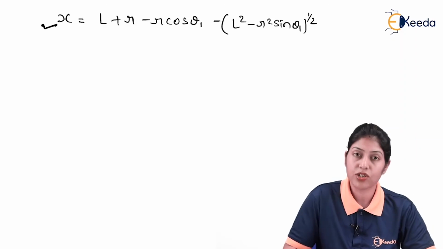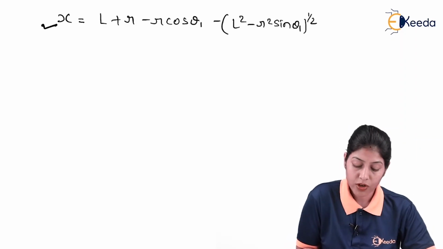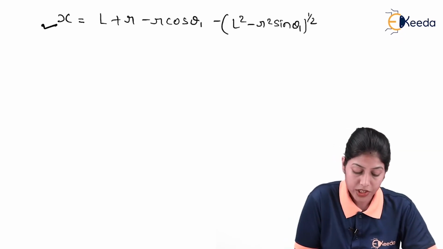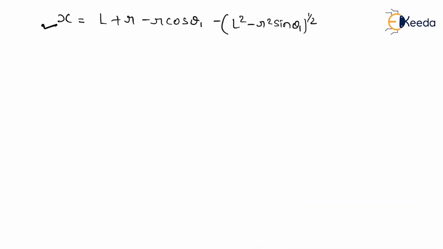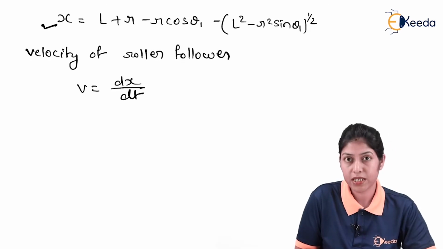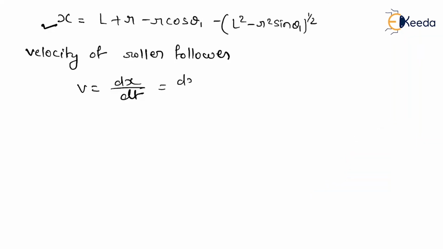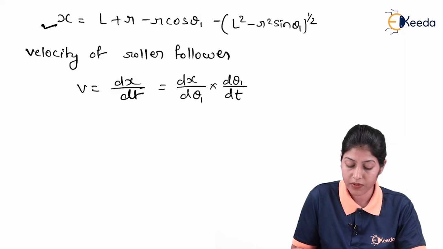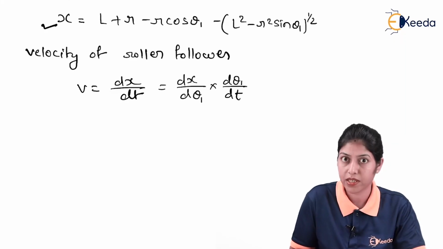Now we have the equation of displacement, and if we want to define the equation of velocity, so what we will do, we will differentiate this x with respect to time. So this v will be dx by dt, and if we simplify this, so the equation will be dx by d theta 1 into d theta 1 by dt, because angular displacement we are considering as theta 1.